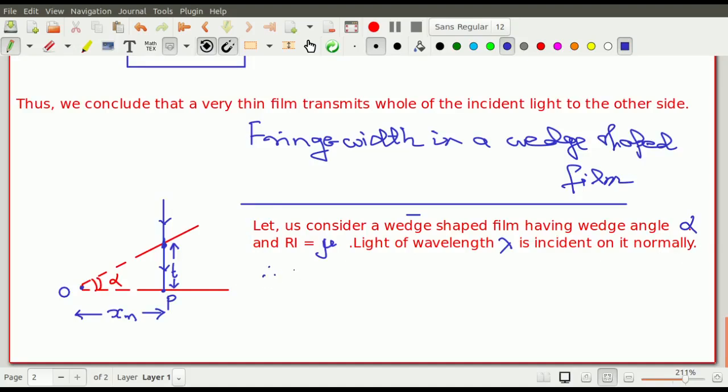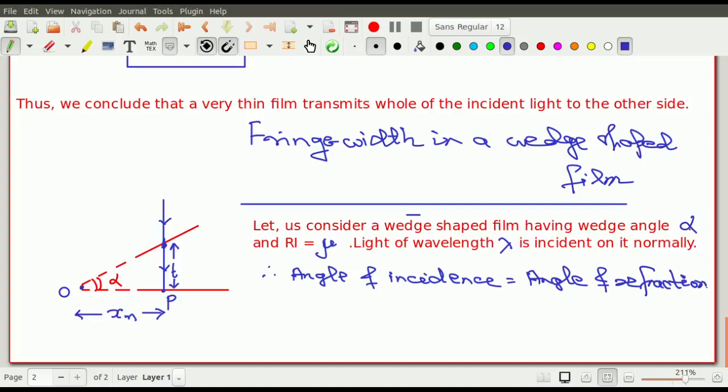So therefore, normally যদি হয় তাহলে angle of incidence is equals to angle of refraction, that one equals to 0, okay?